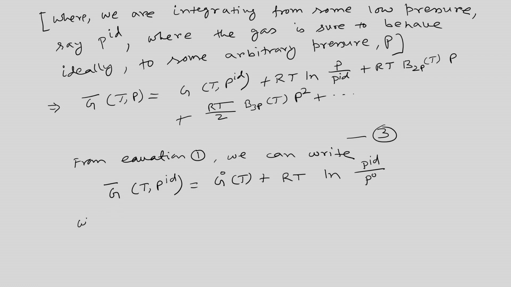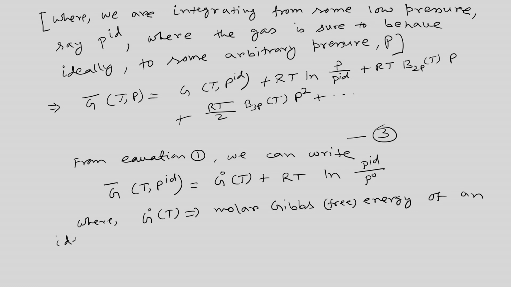So, where G naught T is the molar Gibbs energy or Gibbs free energy of an ideal gas, okay, at a pressure of P naught equals to 1 bar.